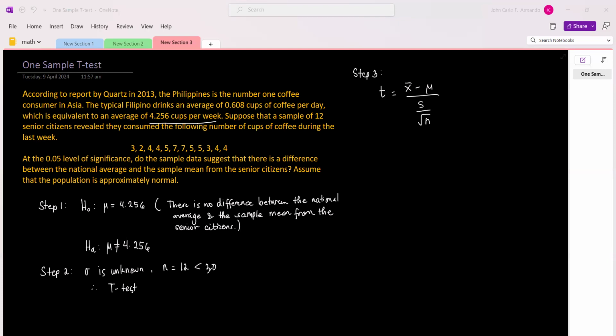We just enter the data: 3, 2, then 4, 4, then 5, 7, then another 7, then 5, 5, 3, 4, and 4.